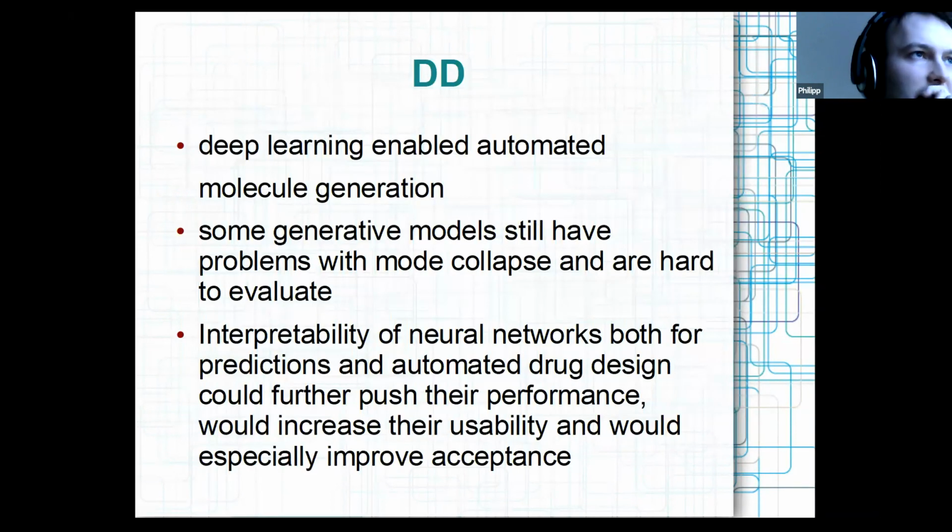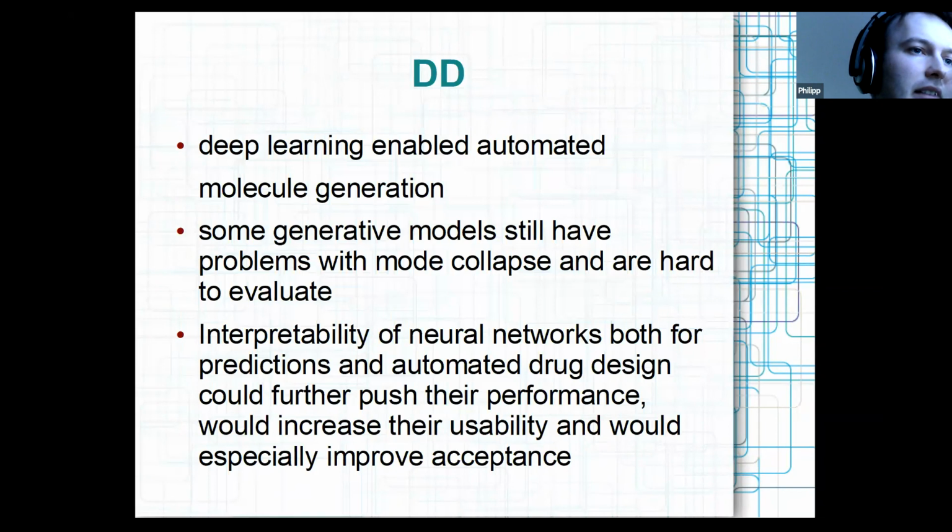There's even deep learning nowadays, I've read in the literature, that can do automated molecule generation or propose molecules. This is not literature knowledge, but I would guess these are GANs that can do that.